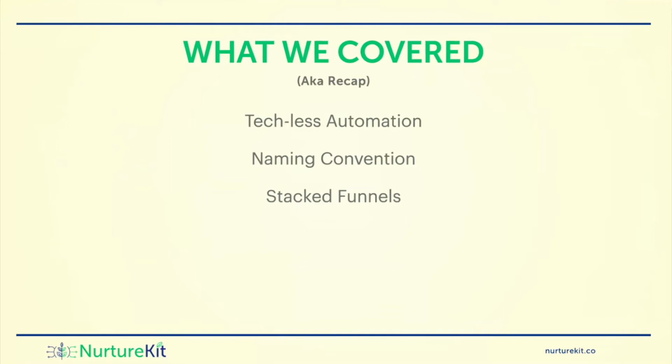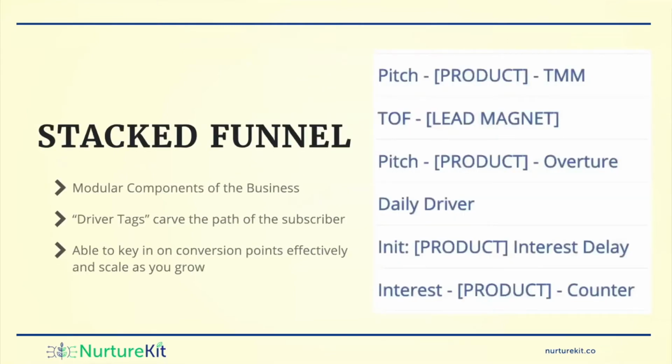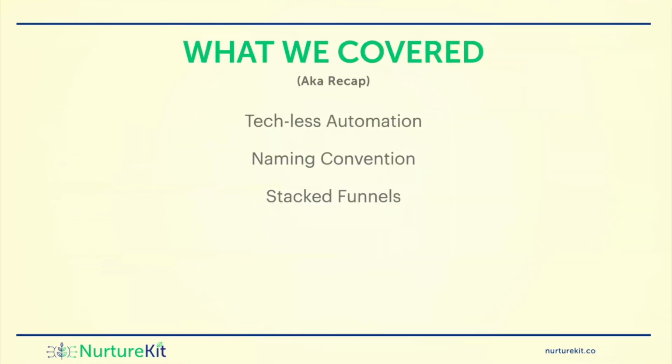I kind of glossed over it here, but you could see that naming convention carries over into the visual automations as well. Pitch, noun, and then overture, right? So pitch is the verb, the product is the noun, and overture is the type of campaign. It's just that meta information. So you can see how that framework works throughout your entire platform.